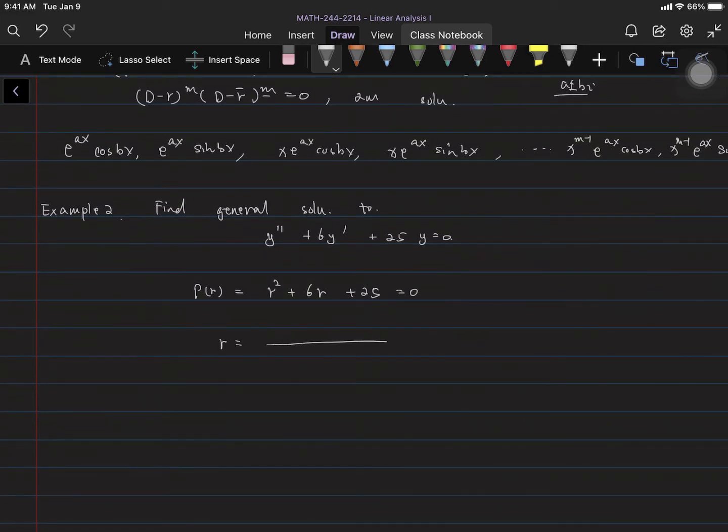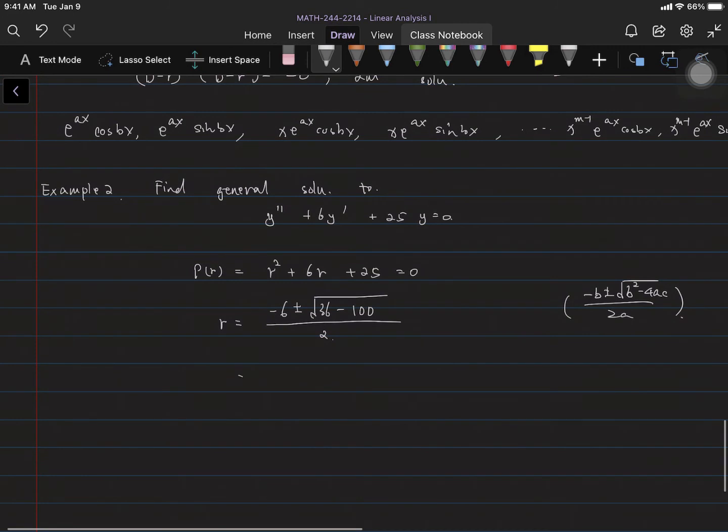r equals negative b plus or minus the square root of b squared minus 4ac, over 2a. So 2a should be 2 here. Negative b is negative 6, plus or minus the square root of b squared minus 4ac. 4ac should be 4 times 25, which is 100, right? So we are going to have negative 6 plus or minus the square root of negative 64, over 2.